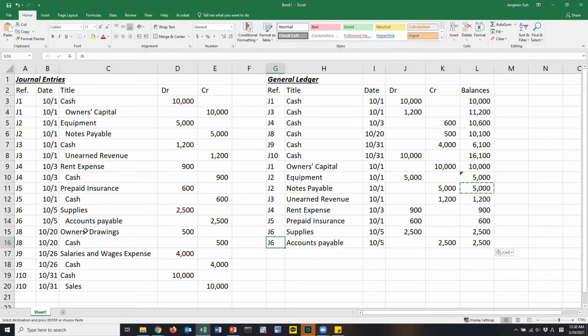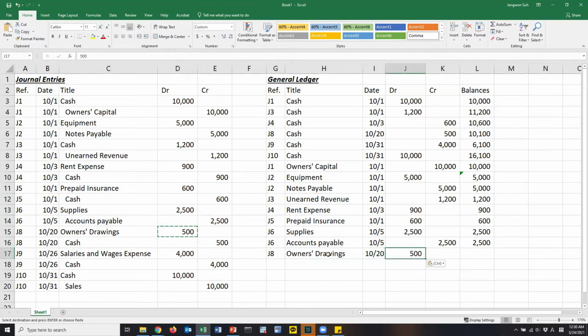Okay. And then owner's drawing, J8 on 20th, 500 debit. And owner's drawing has debit side as its normal balance. So I will copy and paste another item that has debit as normal balance, which is an asset item, cash.